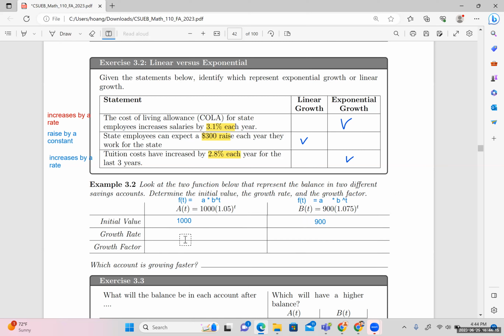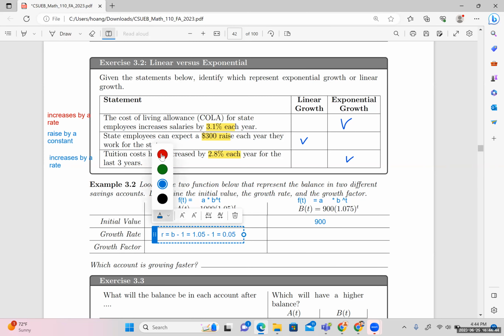What about growth rate? Okay. You know that the rate is going to be r, which can be defined using b minus 1. And right now we have b as 1.05, minus 1 will be 0.05. So that's the growth rate.